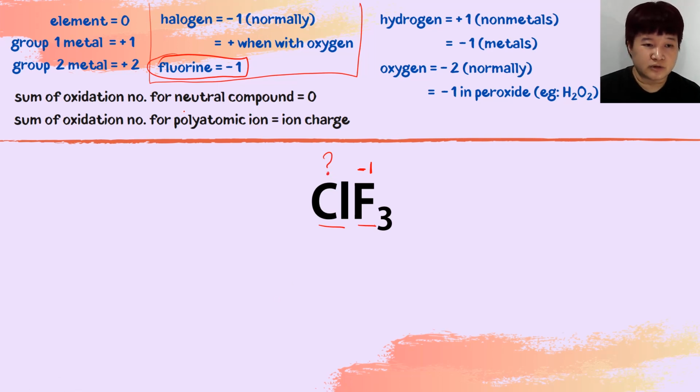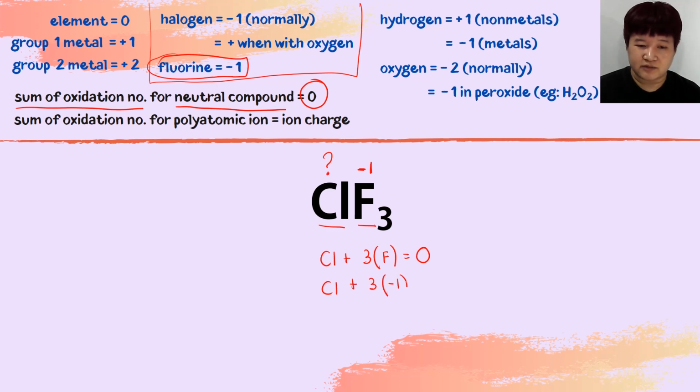And it's a neutral compound. So for the neutral compound, the total oxidation number must equal 0. So we can work it out. You have your Cl plus 3 times your fluorine must equal 0. Chlorine is the one that we are looking for. Fluorine must be -1.